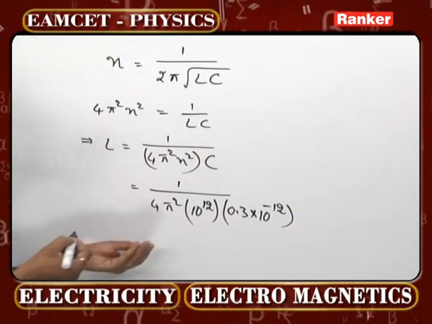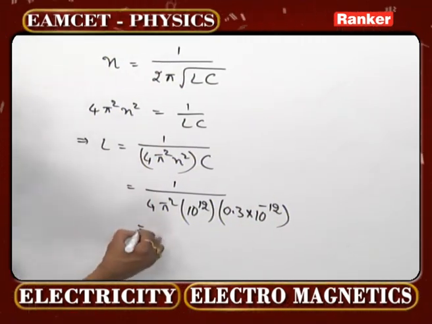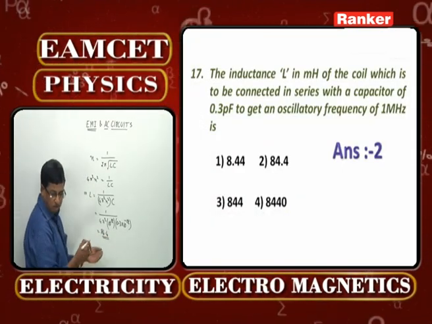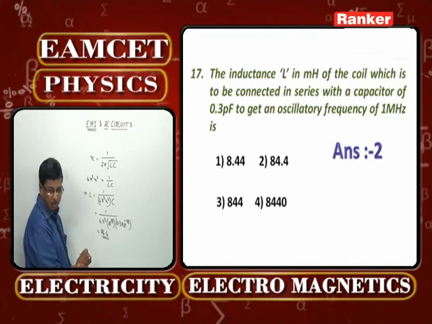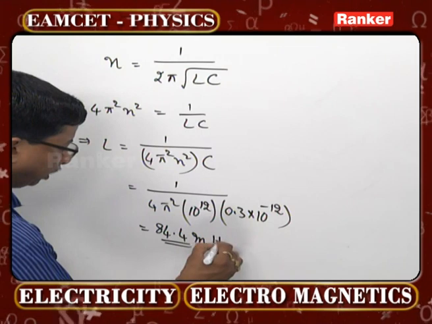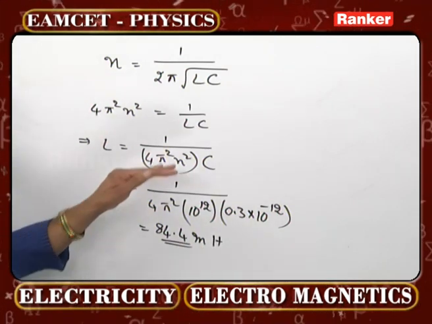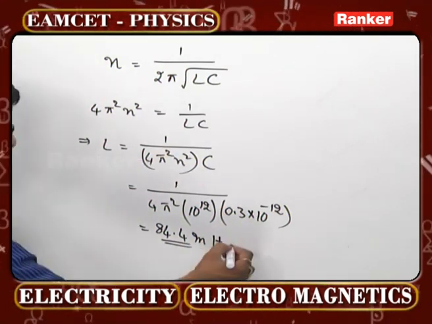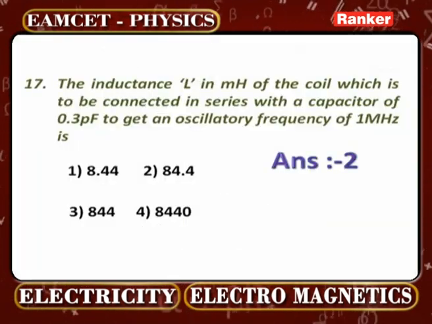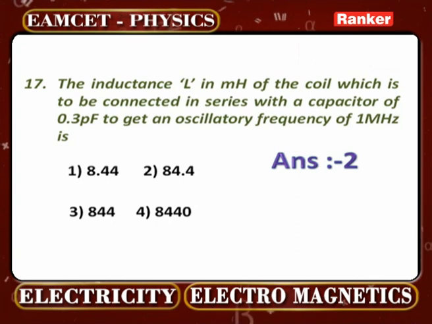So simplify this whole lot. You will be getting exactly 84.4 in terms of Henry. So it will now be millihenry, because you get 84.4 into 10 power minus 3 Henry. So 84.4 millihenry will now be the correct option. That is the second option for us over here.